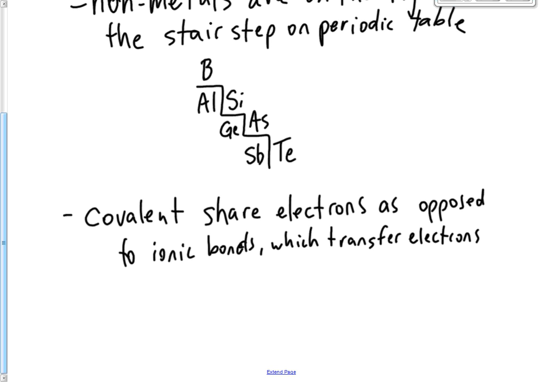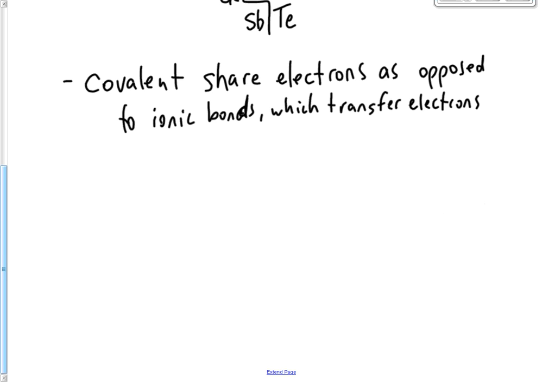When we talk about ionic bonds, we talk about sodium completely getting rid of its valence electron, and chlorine completely accepting that electron and becoming the positive and the negative ions. Covalent bonds, they just share the electron between the two.